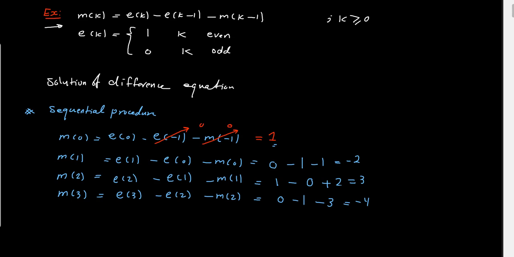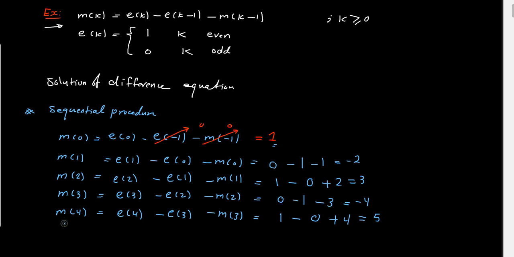Let's assume I'm calculating until m4, and this will be equal to e of 4 minus e of 3 minus m of 3, which will equal, now 4 is even, so it will be 1, minus 3 is odd, so this will be 0, minus m3, minus minus 4, so this would be plus 4, so this will be 5.